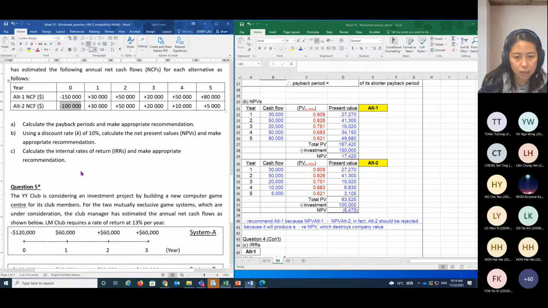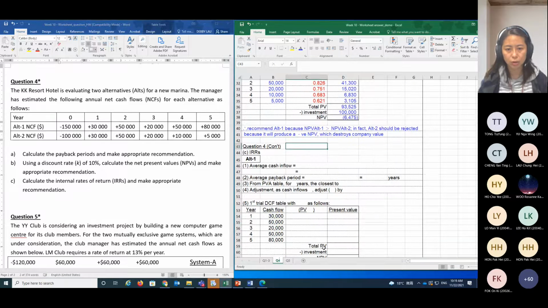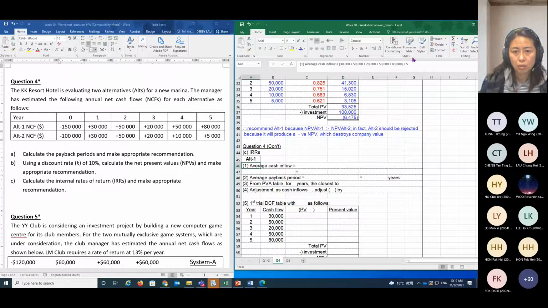Okay, so Part C is IRR. Let's do the IRR and NPV for Part C. According to the 5 steps of the trial and error method, we have to calculate the IRR of alternative 1. First, we have to calculate the average cash flow for the 5 years.